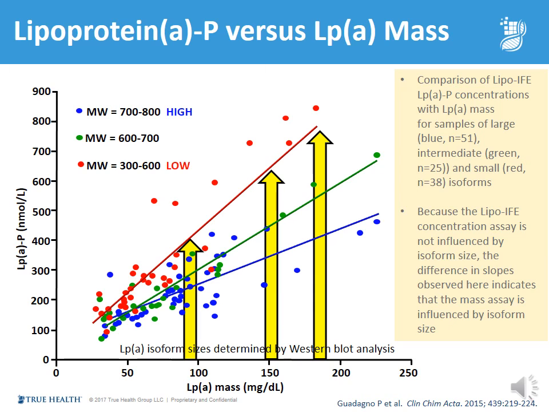This often would raise the hypothesis that it's not so much the apo little a isoform that matters, but the number of Lp little a particles, because those with the small isoform have the highest Lp little a particle counts, despite whatever their Lp little a mass is.